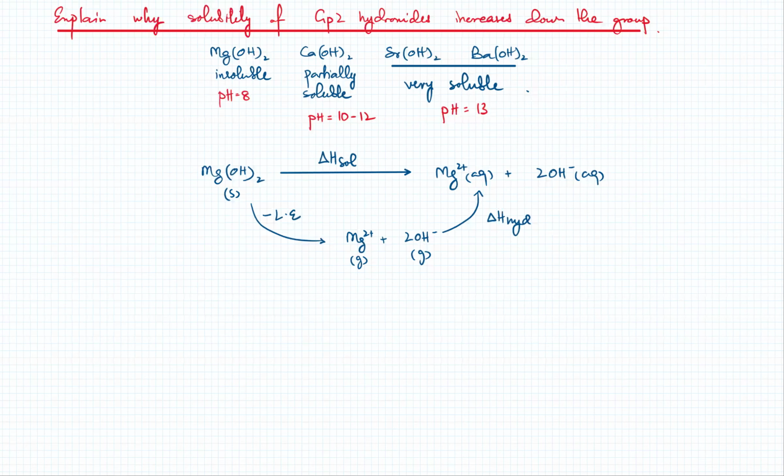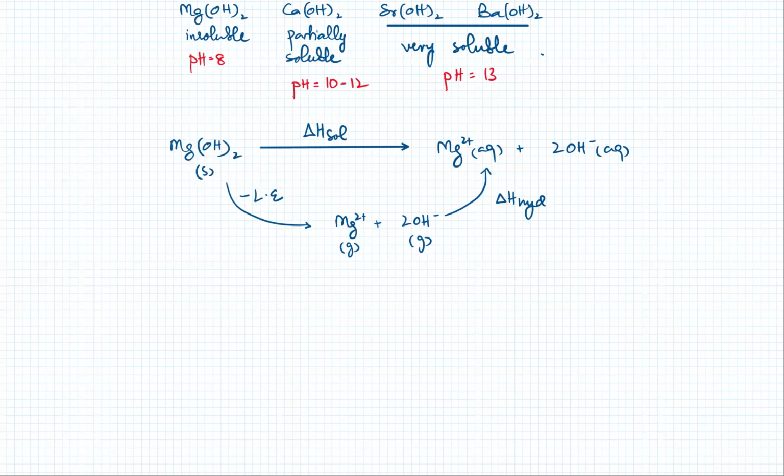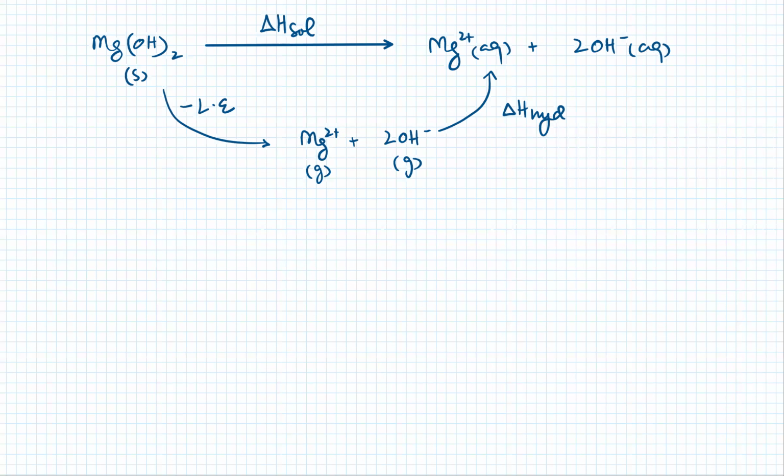So we're going to write a similar answer. The first part is exactly the same: down the group, the ionic radius increases. So both the enthalpy of hydration and the lattice energy are going to decrease. Bigger ions form weaker bonds. Down the group the ionic radius increases, or the cationic radius specifically.